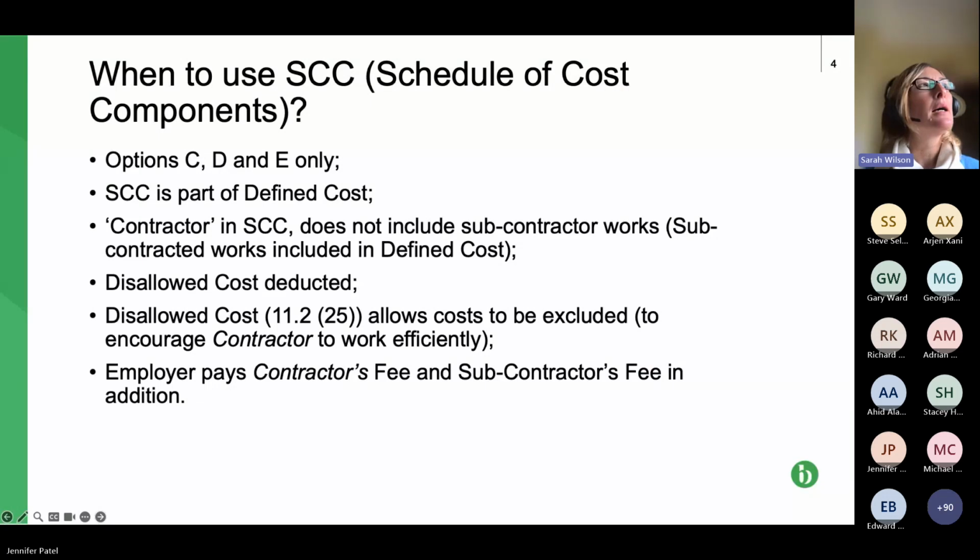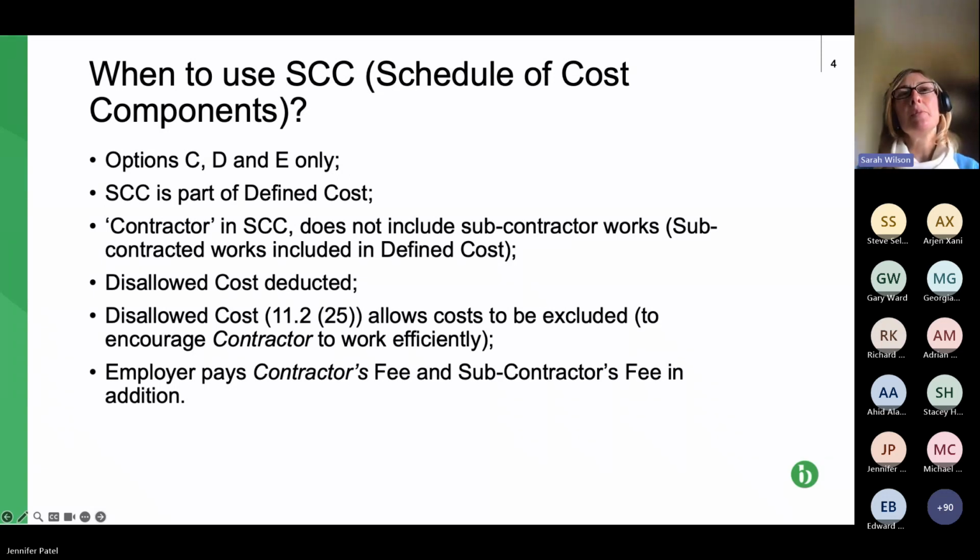Okay, so as we often do with these webinars, we're looking at a high level and we're going to gradually get into the details. So we're going to look at when and how you use these schedules in the context of the work that you're going to do under NEC.